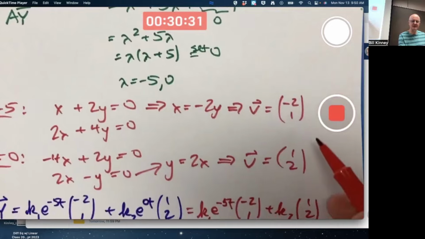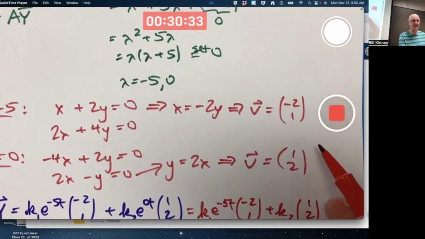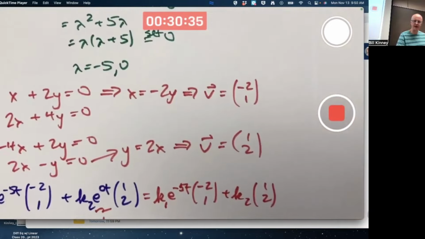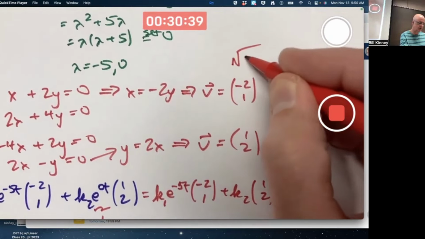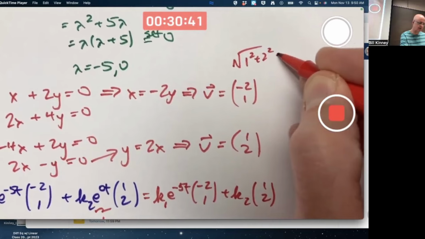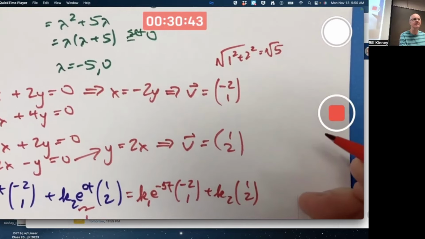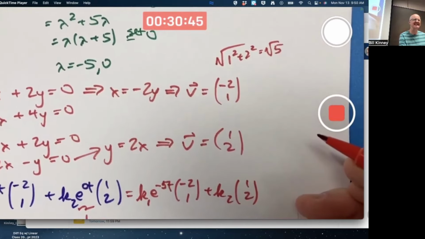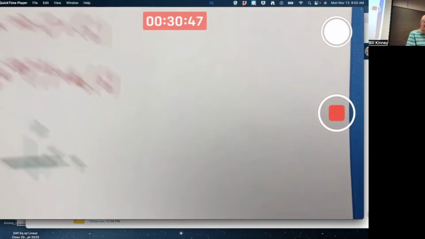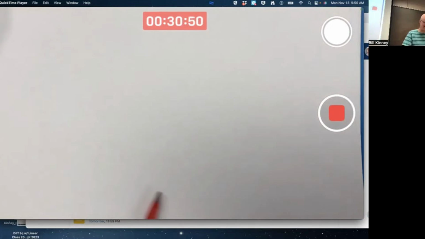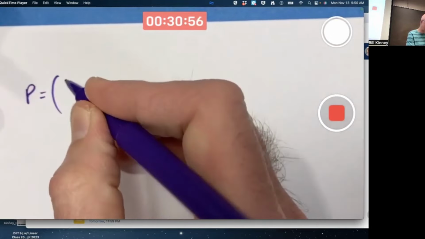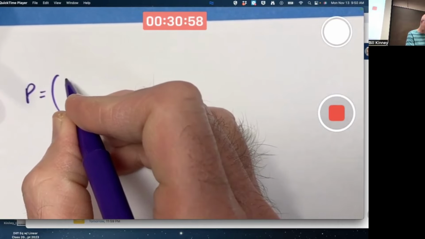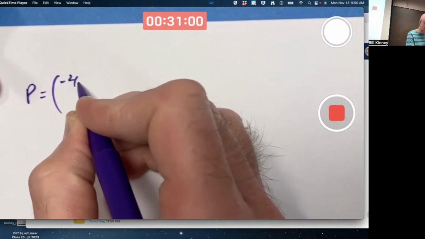If I take these vectors and normalize them, divide them by their lengths, which they both have the same length, actually, square root of 1 squared plus 2 squared, square root of 5 is the length of each of those. Oh, really? I'm going to get non-perfect square roots. Make a matrix P whose columns are the same columns as before, but divided by the length.